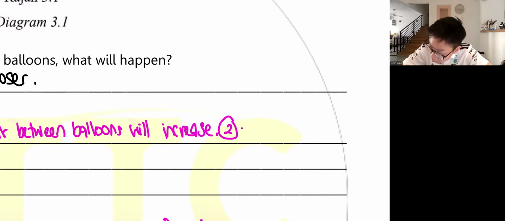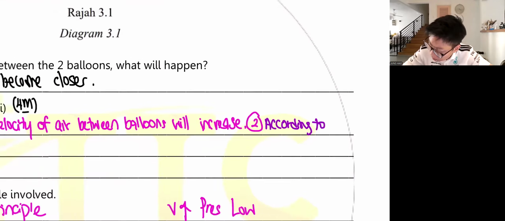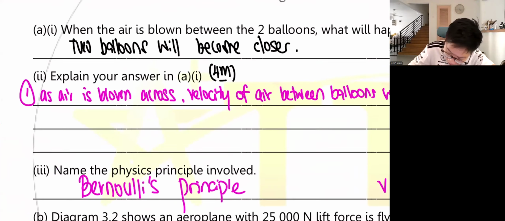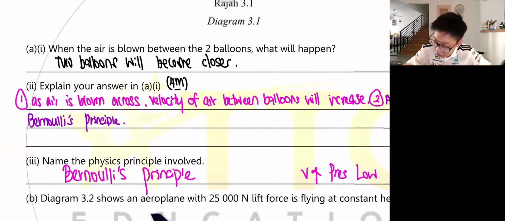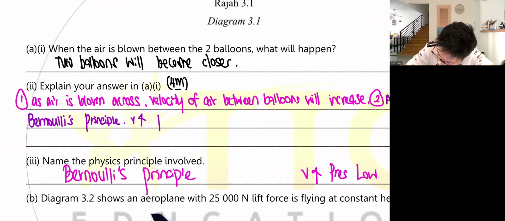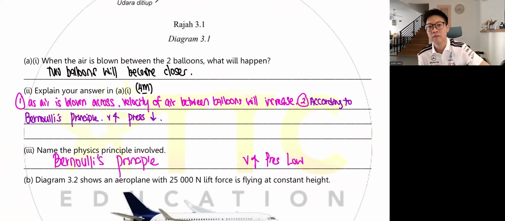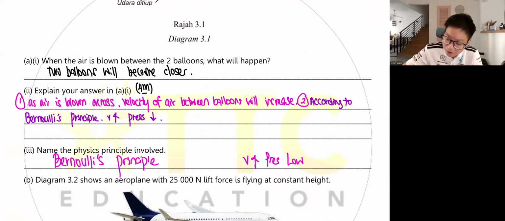So then we can write, according to Bernoulli's principle, when your velocity increases, the pressure decreases. That was my third mark.